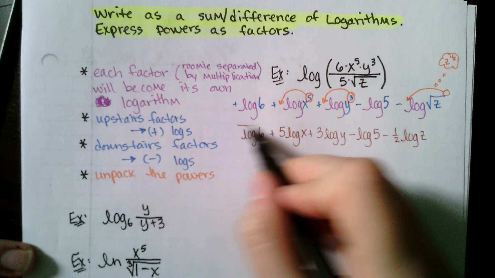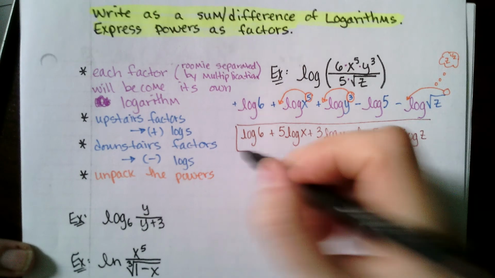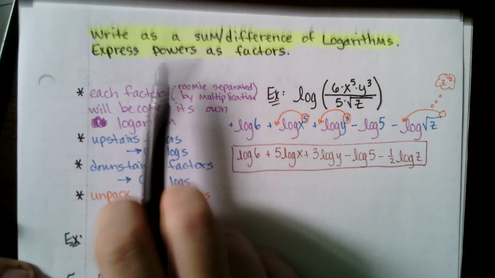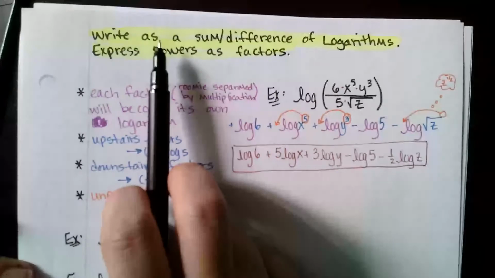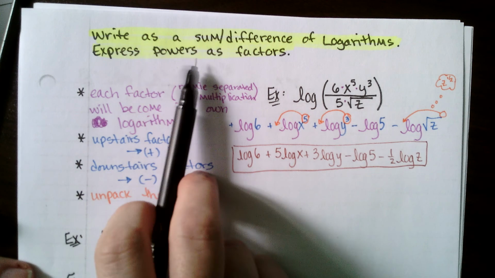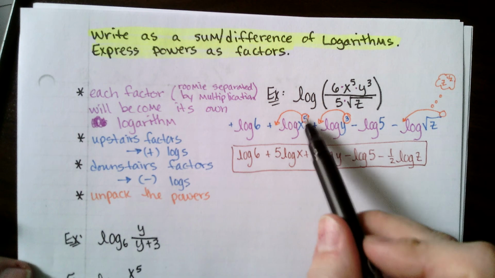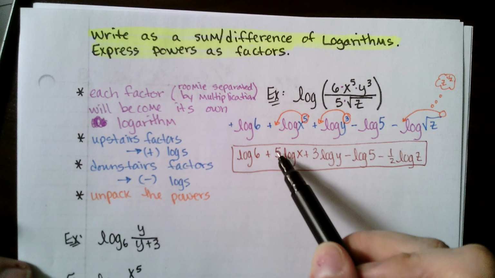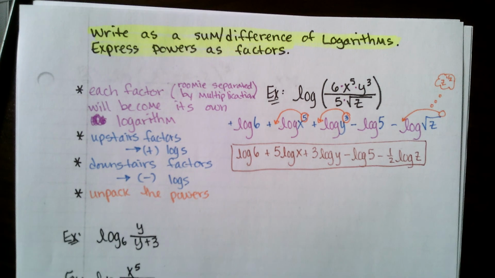And that's what an answer to these kinds of problems looks like. We have written our log as a sum and difference of logs, and we expressed powers as factors. So our power was a 5. When we bring it out front, now it becomes a factor because it is multiplied.